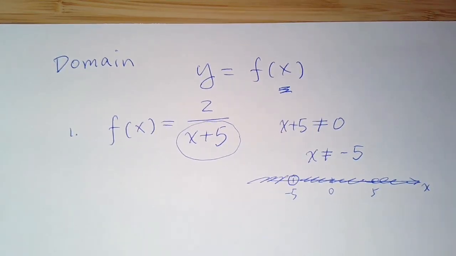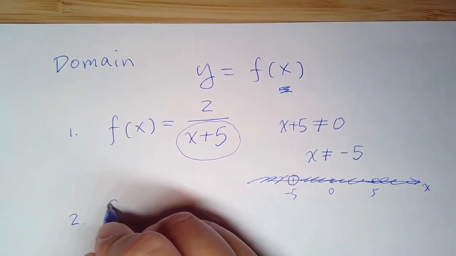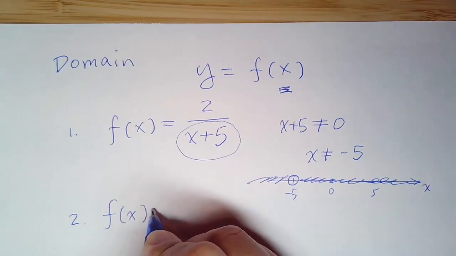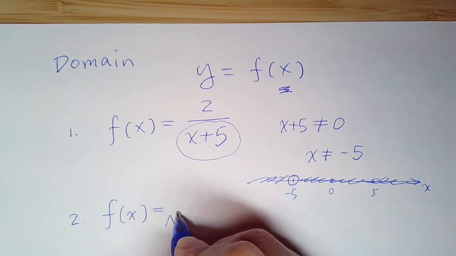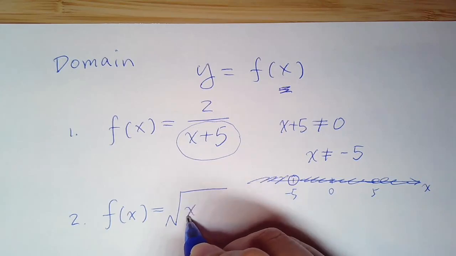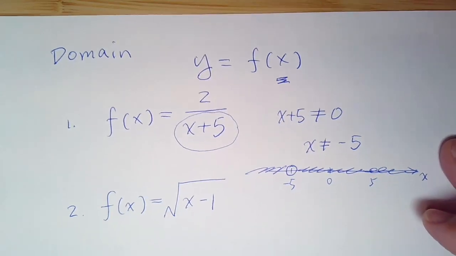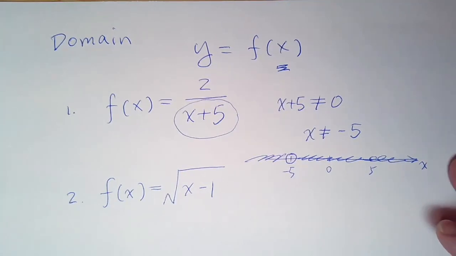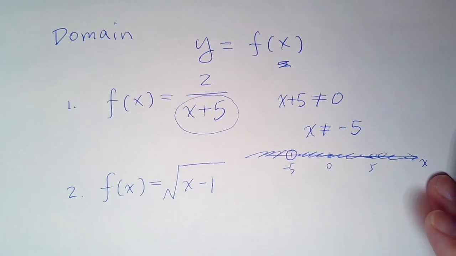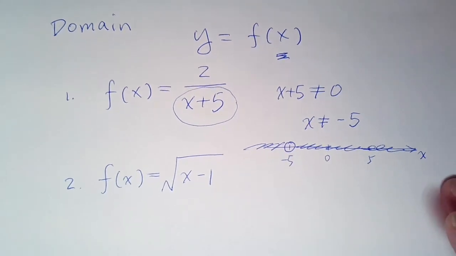And the second one, f of x equals square root of x minus 1. We have the square root, so we want everything inside the square root to be greater than or equal to 0, because in the real number world, you're not going to take the square root of a negative number.